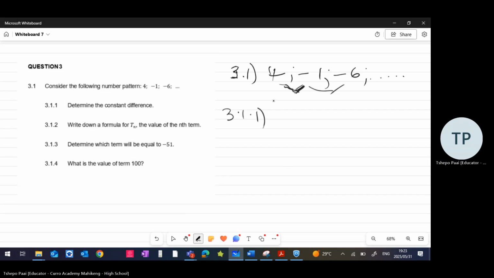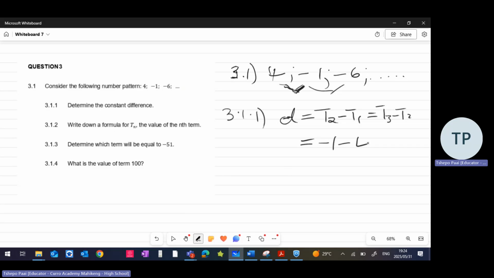So that constant difference, which is denoted by the small letter d, equals term 2 minus term 1, or term 3 minus term 2. You continue like that, term 4 minus term 3. So our constant difference in this case, let me just use term 2 and term 1, will be -1 minus 4, which will end up being -5.